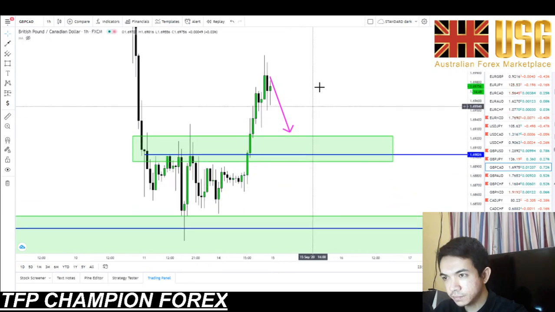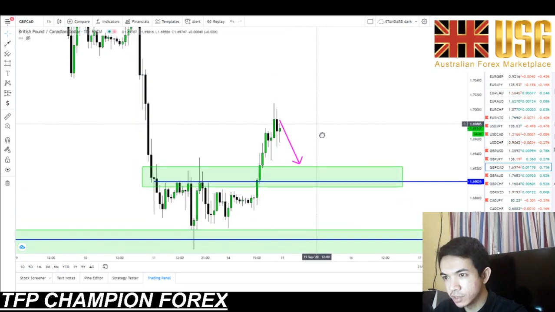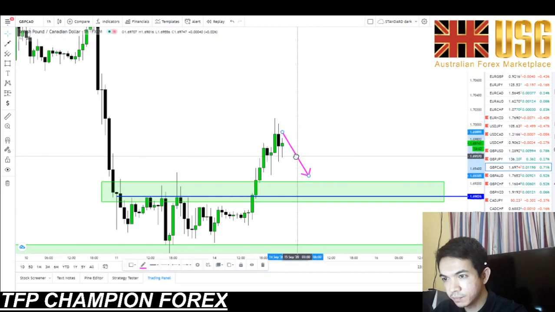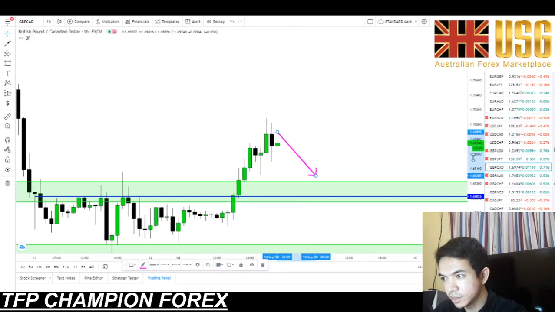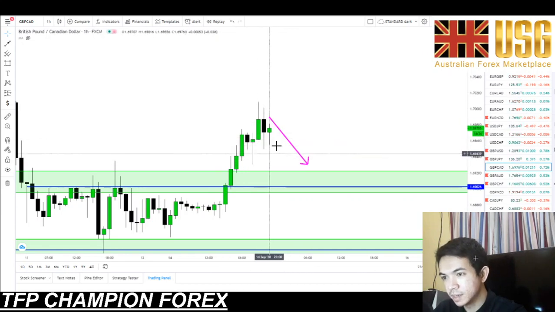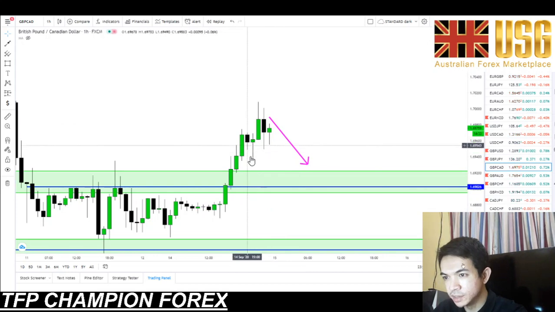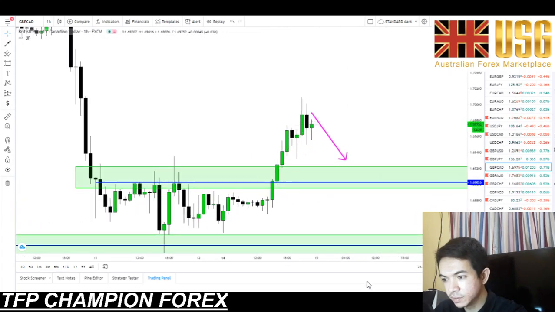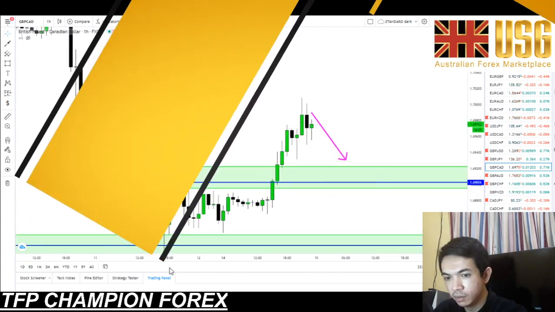Is there any buying pressure right now at this market? Is there any buying pressure I see at this current market? Yes, I see pin bars at this current condition. All right. So I see here buying pressure on this candle.